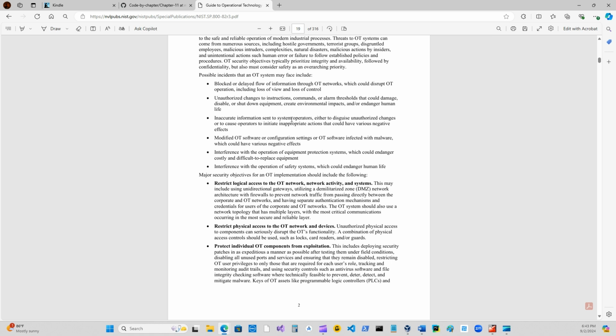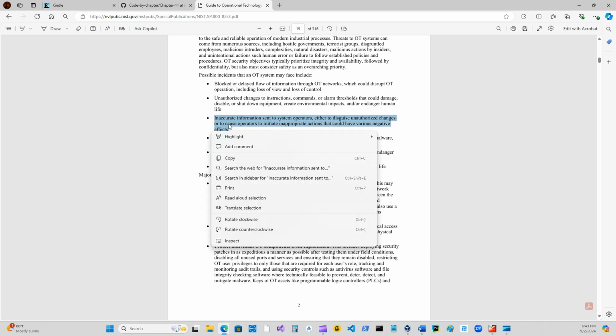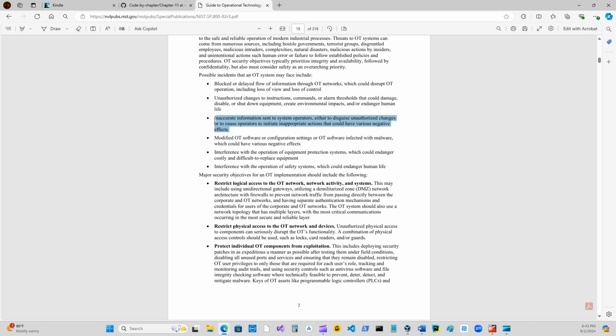Inaccurate information sent to system operators, either to disguise unauthorized changes or cause operators to initiate inappropriate actions that could have various negative effects. Now, this would be on the SCADA systems or the monitoring systems. I used to build these monitoring systems for a company, and this is what they do.